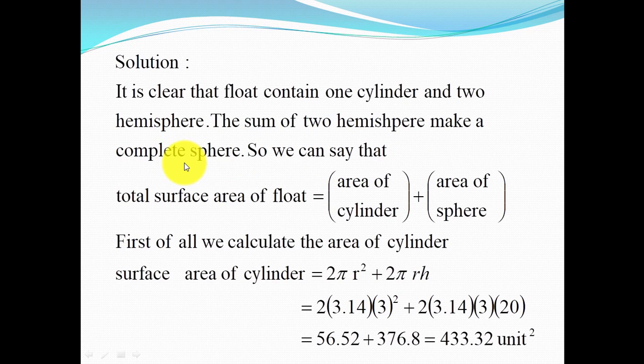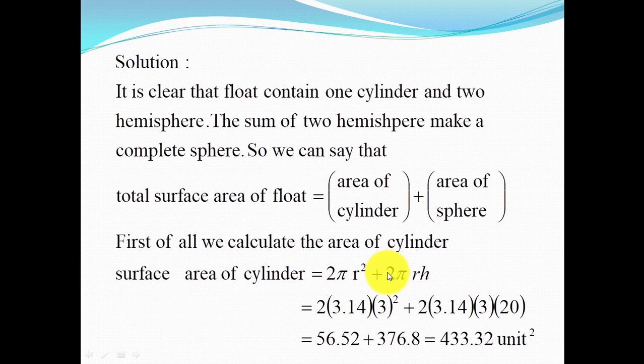So the total surface area of the floor is equal to the area of the cylinder plus the area of the sphere, because it is just a connection of two things, a sphere and a cylinder. When we calculate their areas separately and add them, we find the total area of the floor.